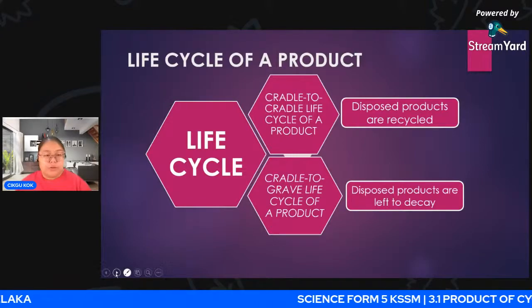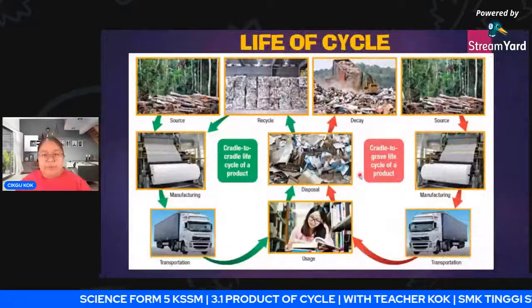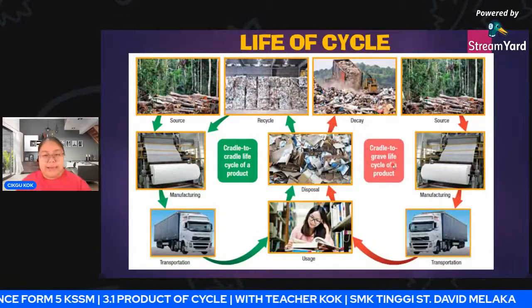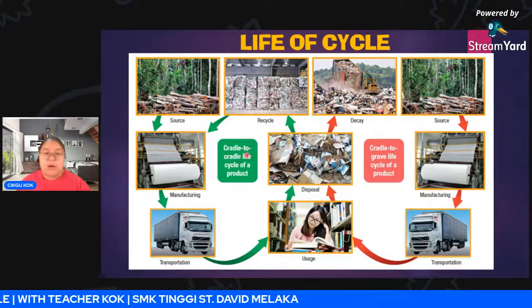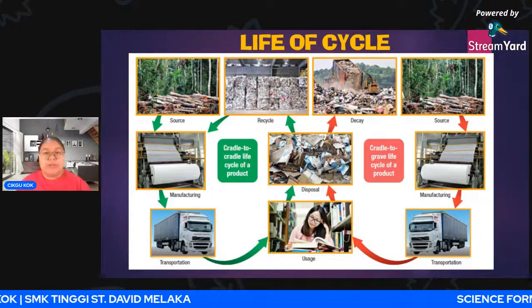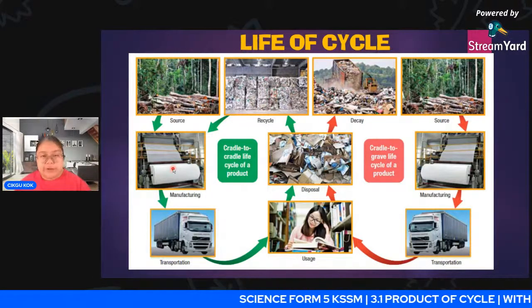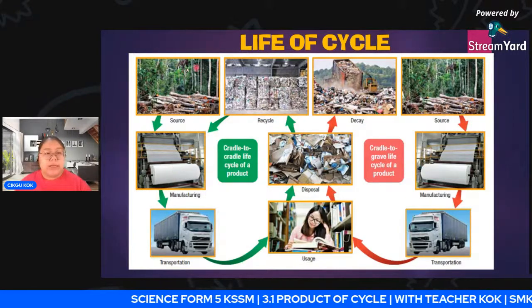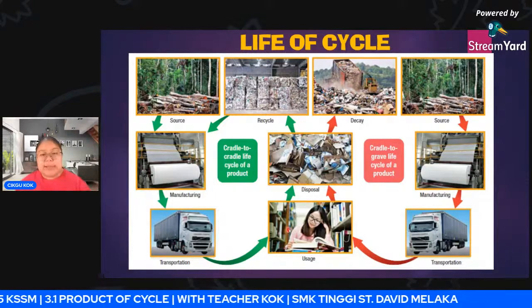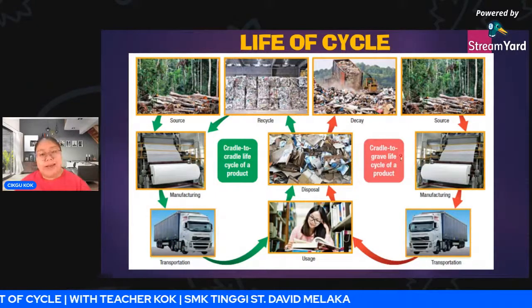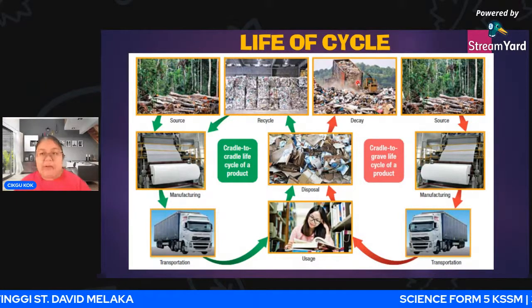Okay, so we go through the detail. You can see the diagram. What's the difference between cradle to cradle and cradle to grave? The first one is the disposer. For cradle to cradle, that means they go to recycle first. After recycling, they can go straight to manufacturing, become paper. The source also can become paper. Finally, it becomes transportation, then is sent for usage. How about cradle to grave? For cradle to grave, they need to wait for the disposed product to decay first.